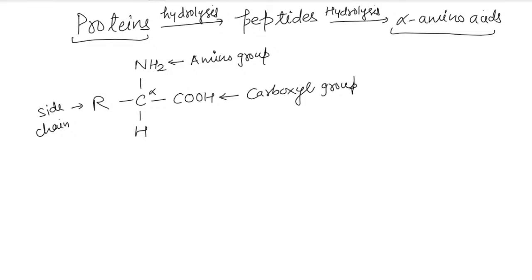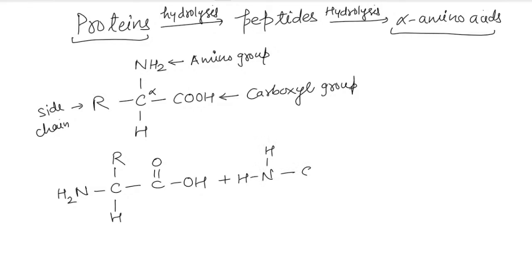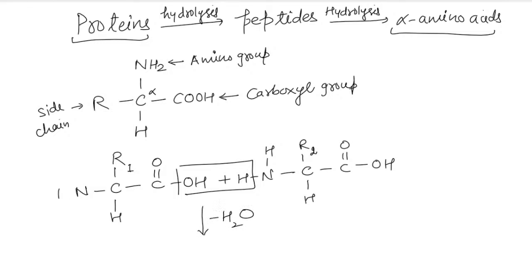And how they are formed? See, there is carbon, this is R, H, NH2, C double bond O, OH, NH, C, let us take this is R1, this is R2. Okay, so OH and H, water is removed, same H, OH.